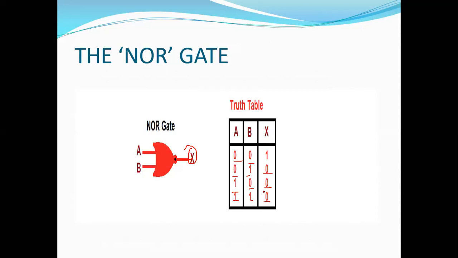It is the opposite of the OR gate. Remember the OR gate: if it's 0, 0, the output will be 0. But when there is one input current, then there will be output current for the OR gate. NOR gate and OR gate are totally opposite to each other. And AND gate and NAND gate are totally opposite to each other.